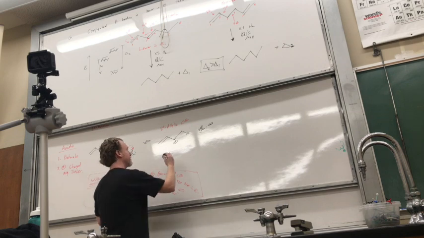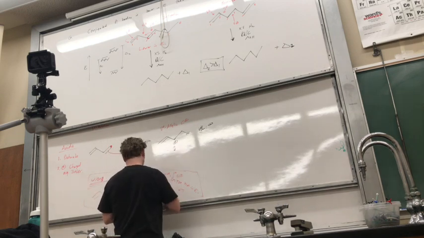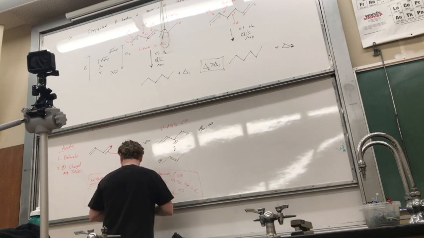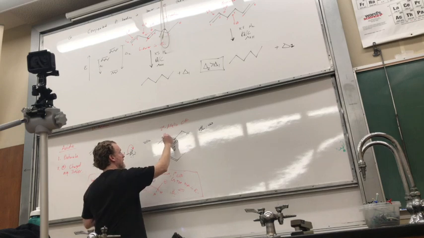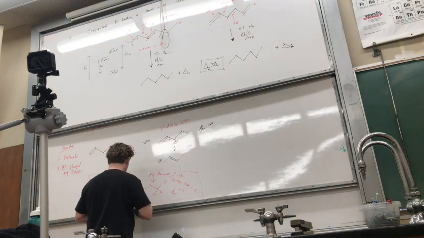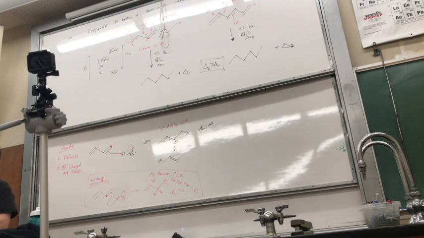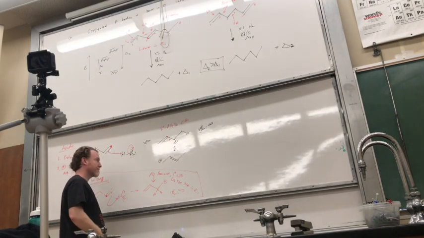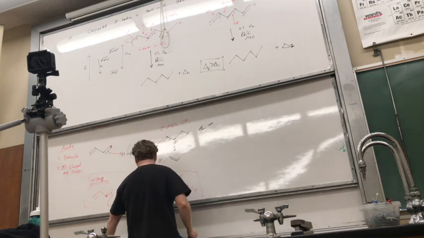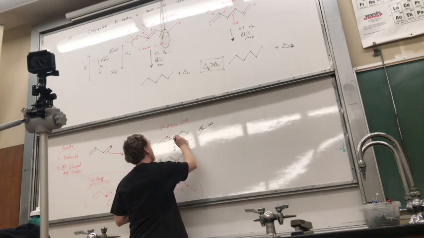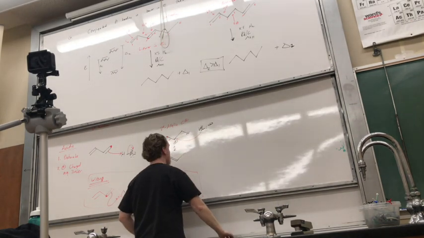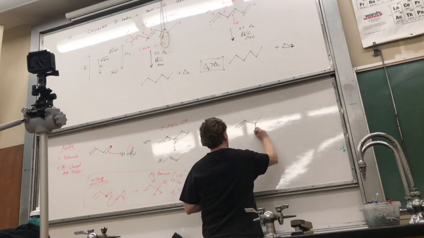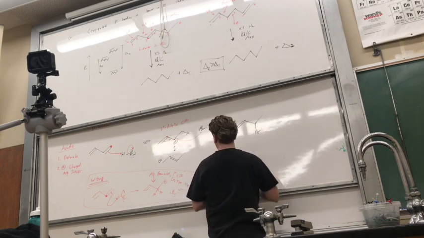But there's a little more on this one. This guy has resonance since it's allylic. As you can see, hinge here, this can swing that way, right? So we're going to get more than just the secondary bromide. We're going to get some primary bromide too. So here we go. We can get that.